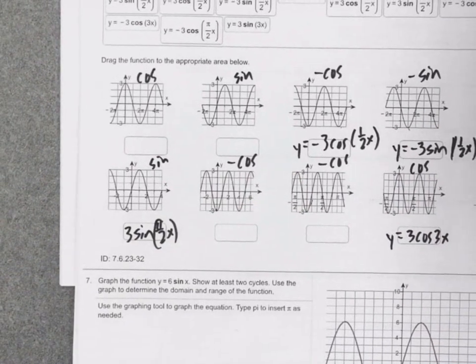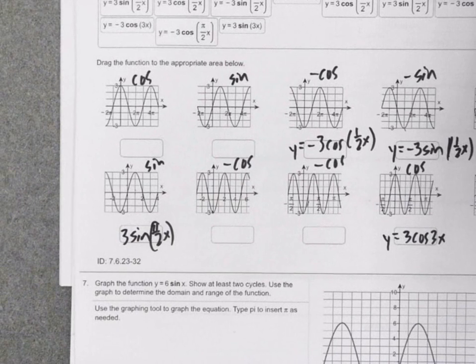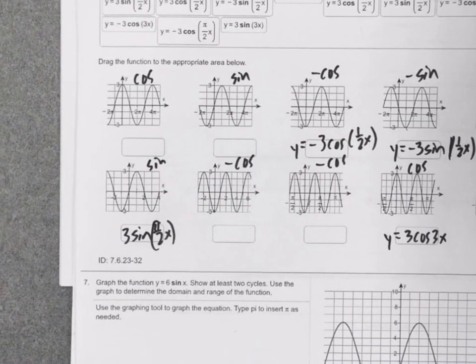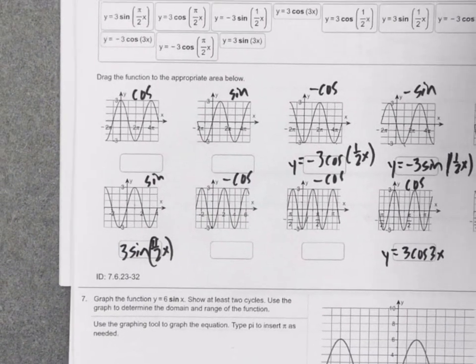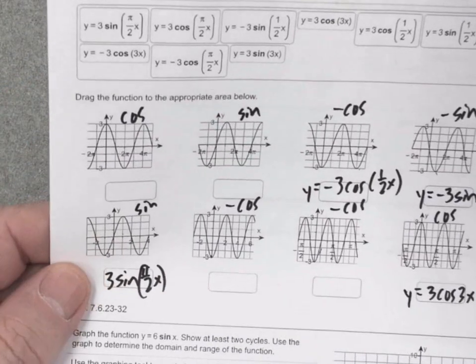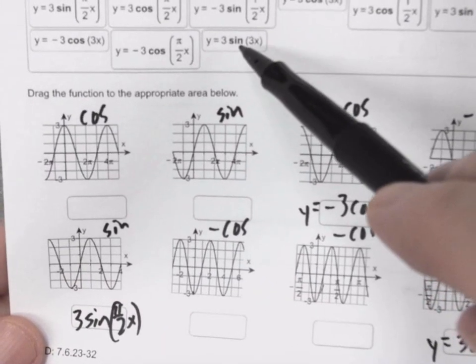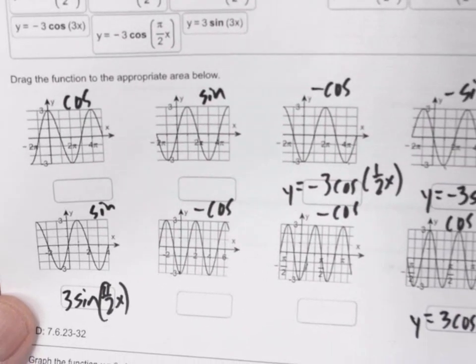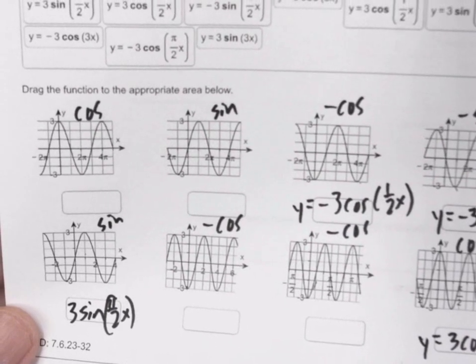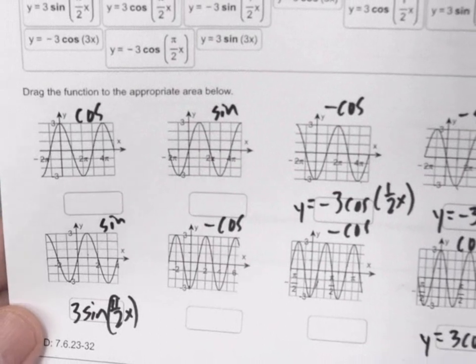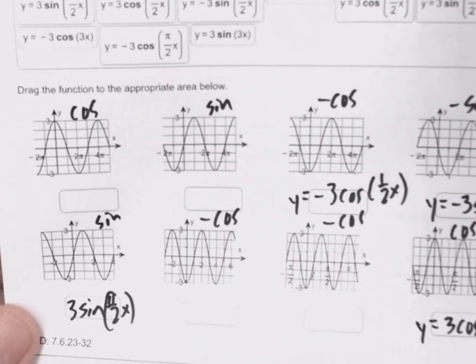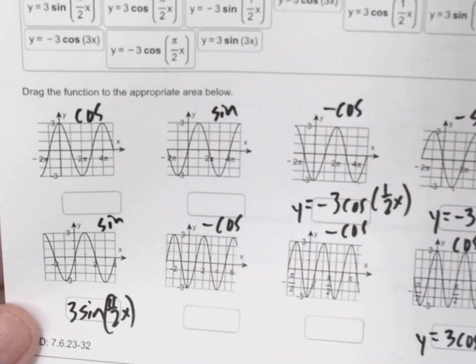All right, so these actually aren't too bad. So once again, here's my suggestion for how to figure these out. You look at an equation and see whether you have positive or negative cosine or positive or negative sine. It's very easy to look at the graphs and see which is which.